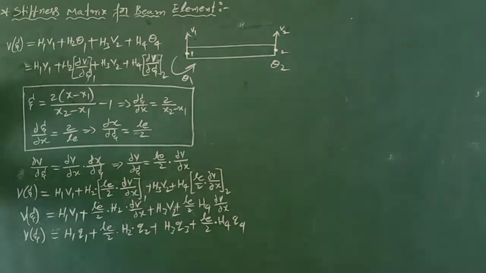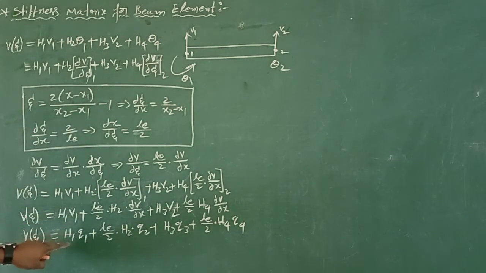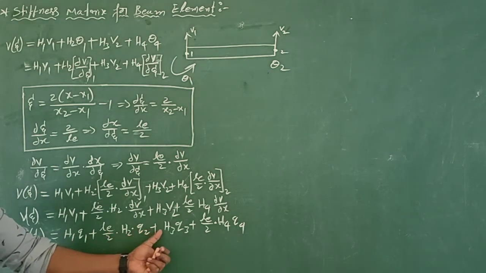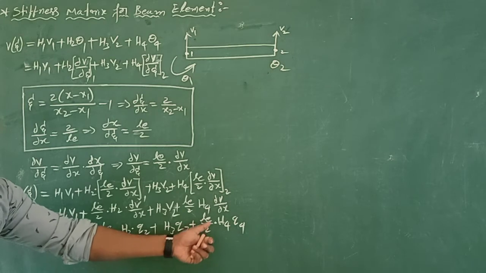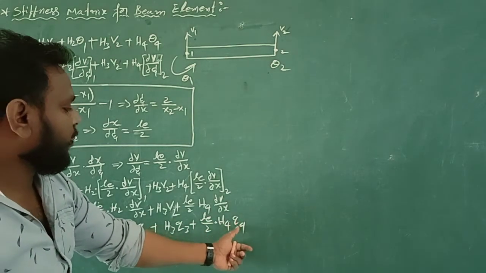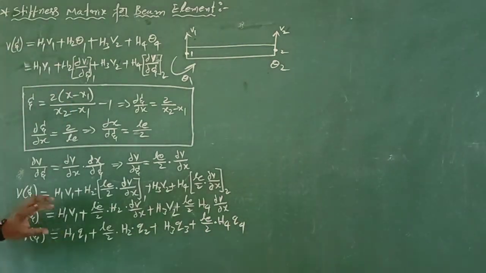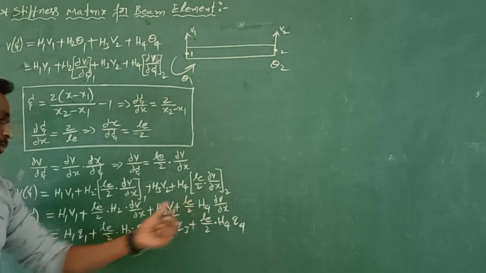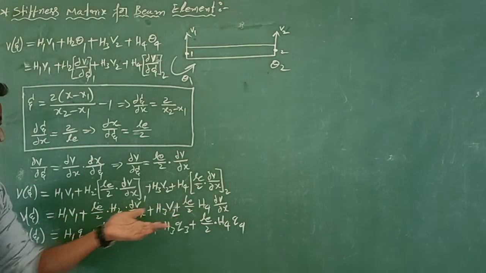That is, the above equation is v of j equals h1 q1 plus le by 2 into h2 q2 plus h3 q3 plus le by 2 into h4 into q4, and that's why it is in terms of linear displacement and slope.